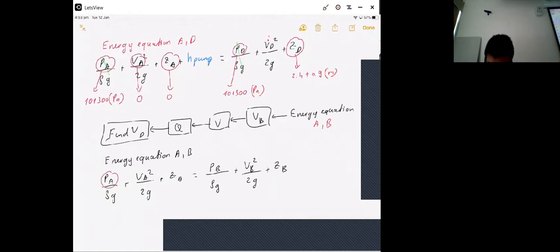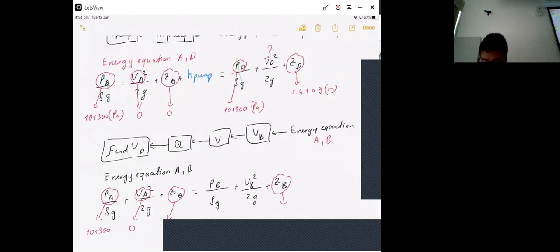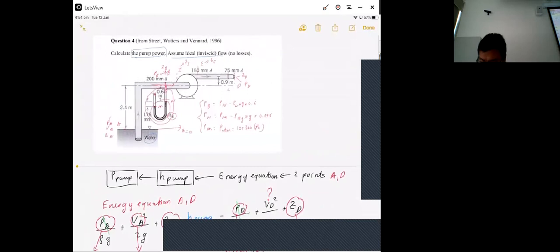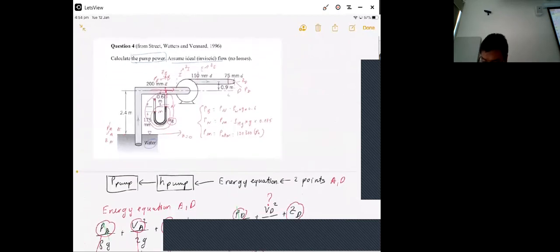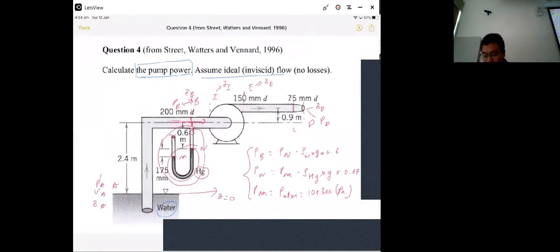So PA is 101300, VA is 0, ZA is 0. ZB is 2.4 meter. PB you can find from the atmospheric pressure.